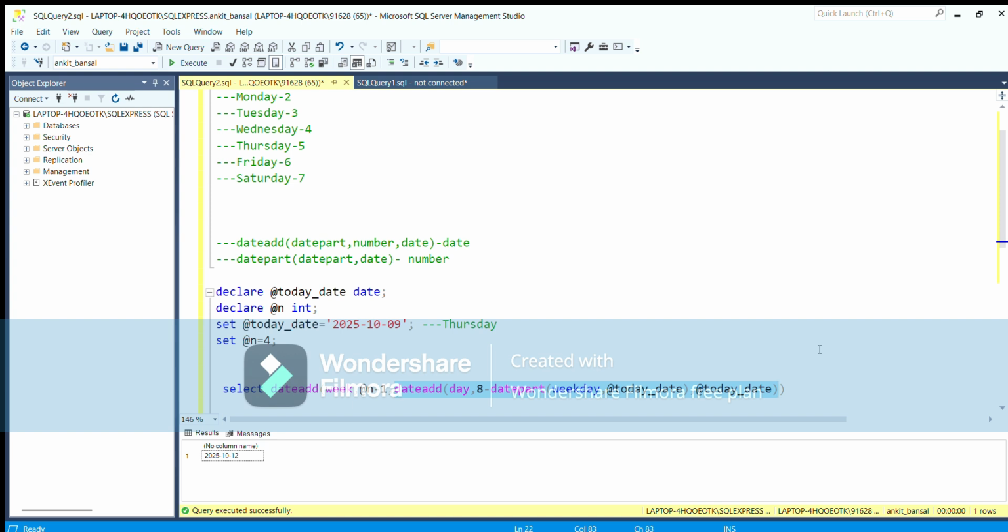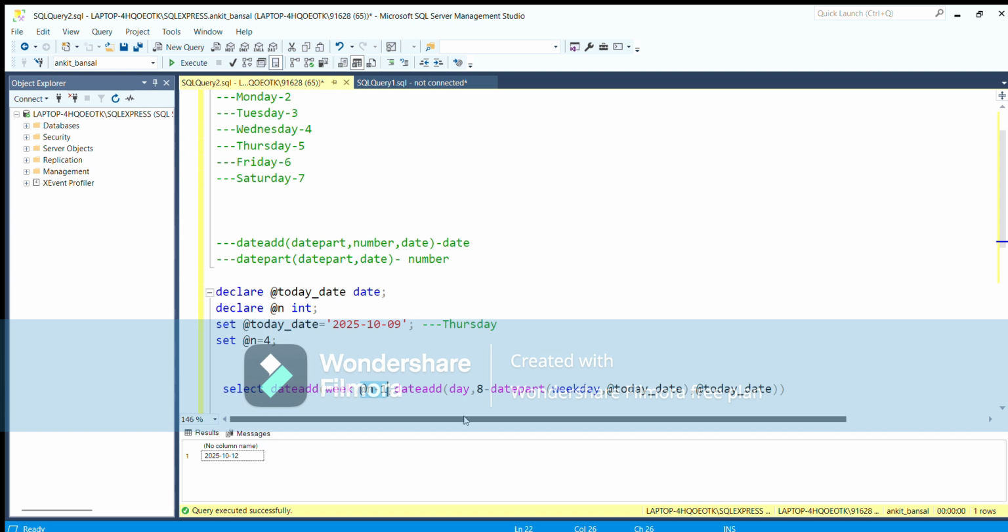I think you are getting my point. I am on Sunday. If I jump 3 more weeks, I will get another Sunday, which is the fourth occurrence of Sunday. So that is why in the date part section I have mentioned week, and in the number section I have mentioned @n-1, because I want to automate everything. I don't want to put it manually. This already has @n equal to 4, and I have written @n-1 over here.